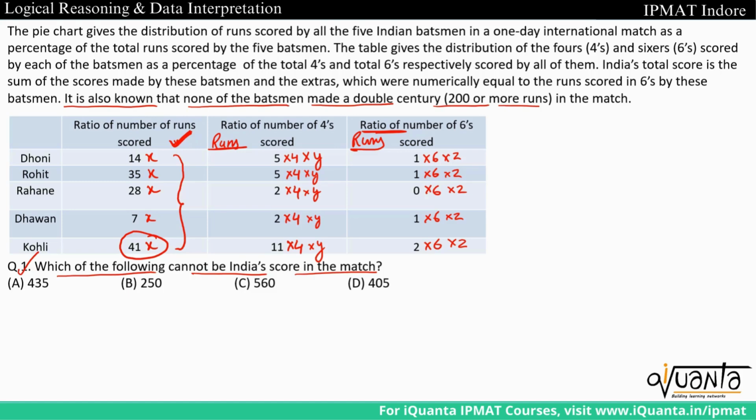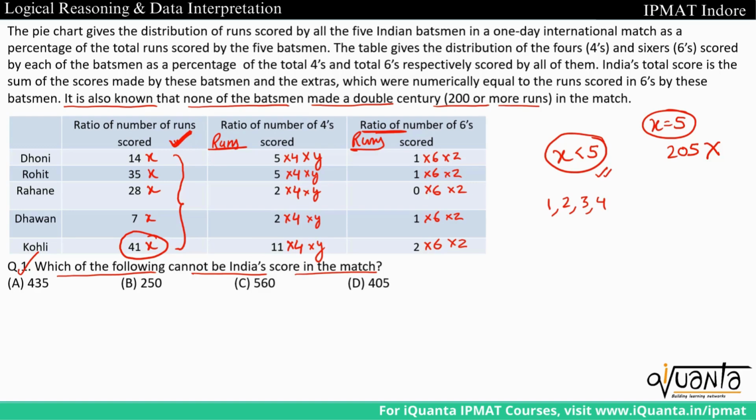So what can be the maximum value of x over here? x will be less than 5, because if x equals 5, the runs scored by Kohli will become 205, which is not possible because no batsman can score a double century. So x will only be taking values less than 5. They can be 1, 2, 3, 4.